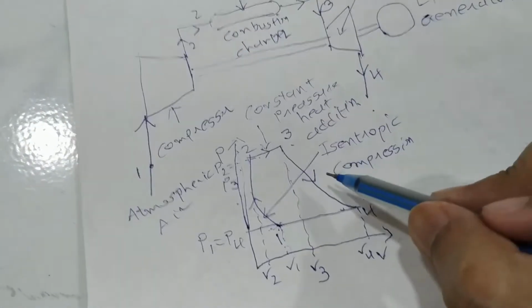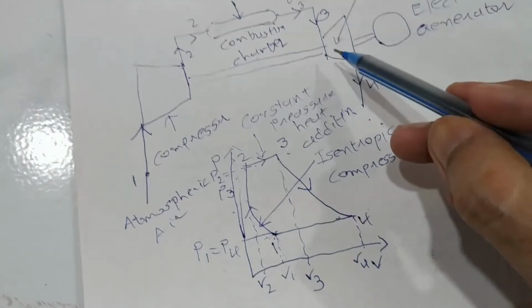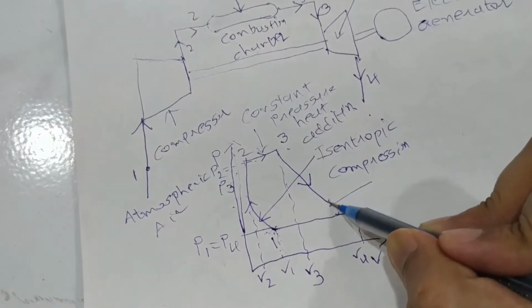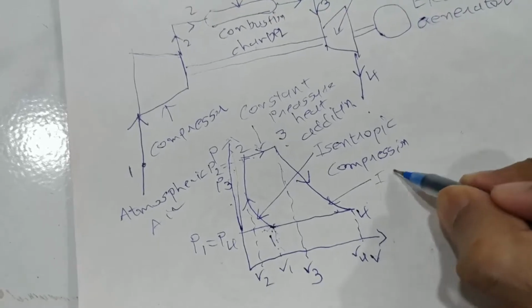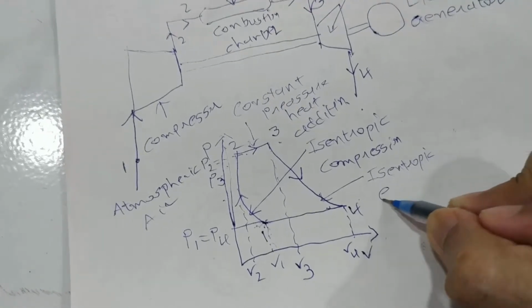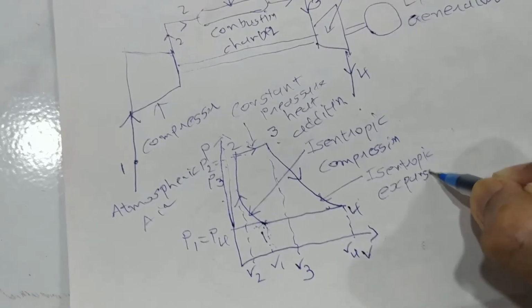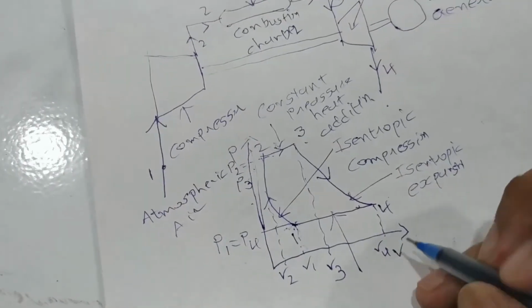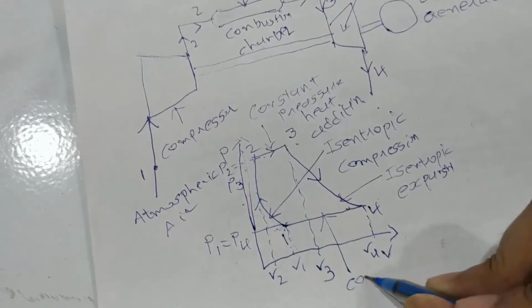This is isentropic expansion, which happens in the turbine. And this is heat rejection, constant pressure heat rejection.